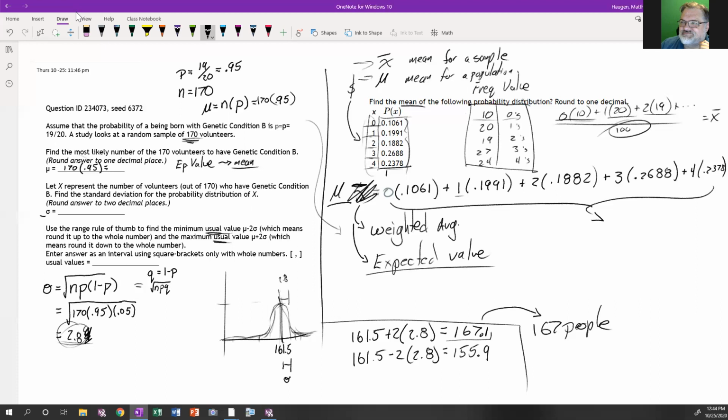So the smallest amount we would still consider usual would be 156 people. And again, we'd round that up even without that 9, as long as it wasn't 0.0. So our range is going to be from 156 to 167 is where our usual range would fall.